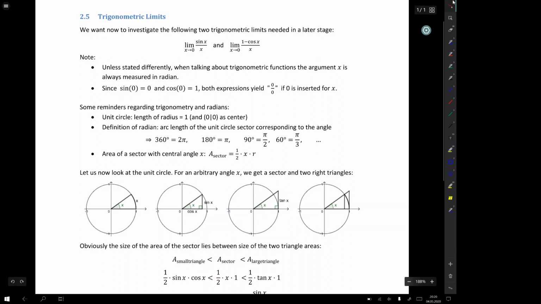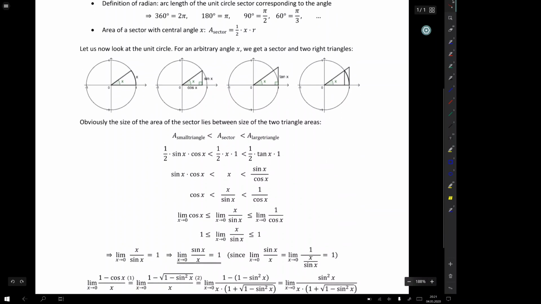So when we look at it, we see the small triangle is obviously smaller than the sector, and the sector is smaller than the area of the large triangle. We're going to use this to show in the end what the limit of sine of x divided by x is.